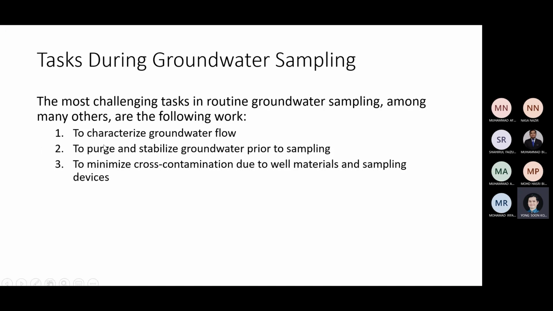So how does it work? You need to pump first, remove as much of the volume inside the tube as possible, so that you can remove not only the entrained water that's trapped inside the tube, you can also flush at the same time. Flush the tube of whatever contaminants are still sticking inside it.